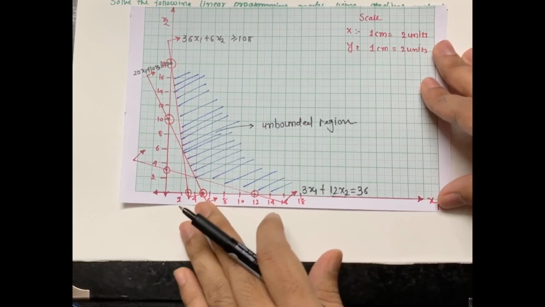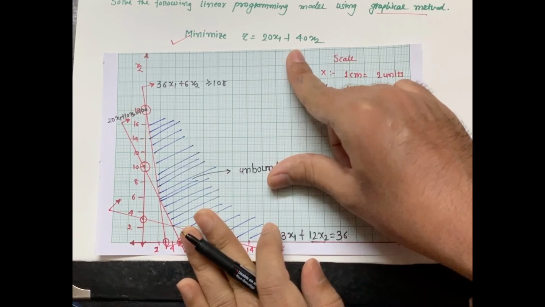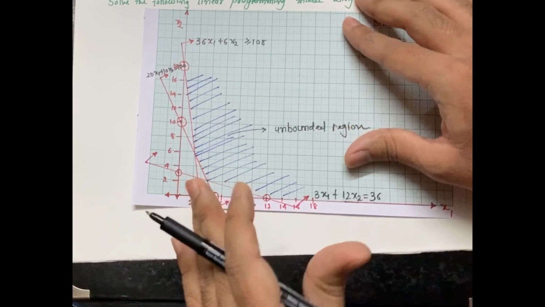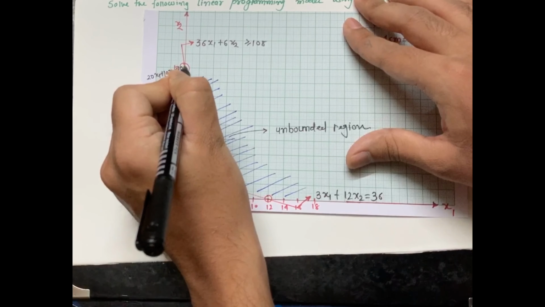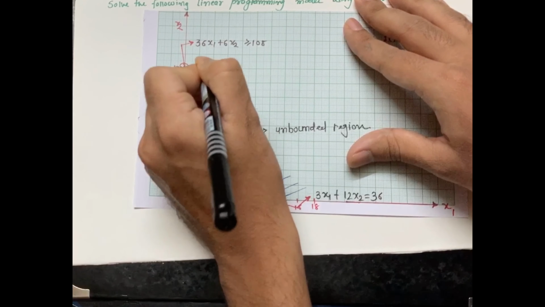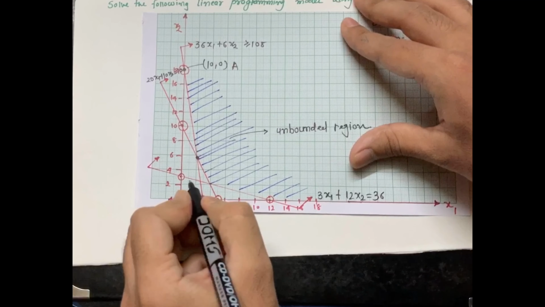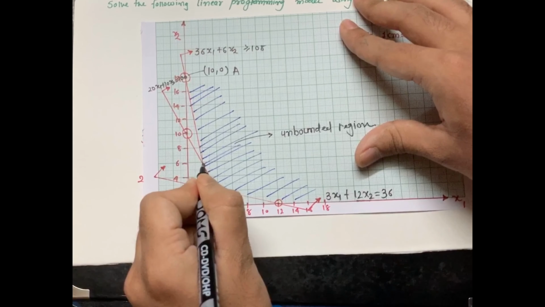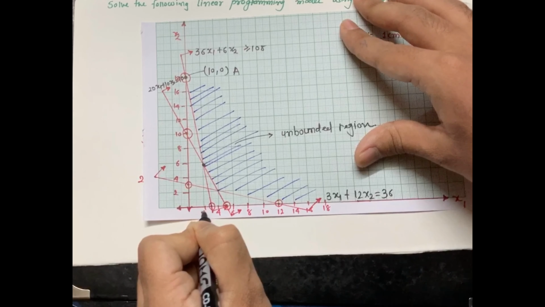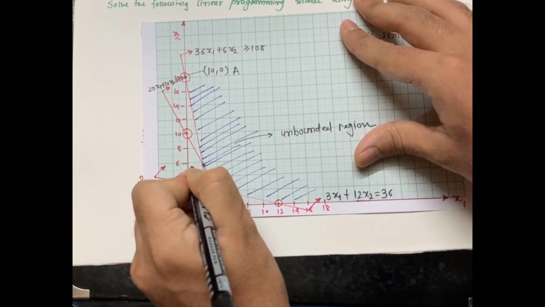Okay. So what is the function? The function is of minimization type. And what are the points I am getting here? See, this is one point, the 10, 0 point. I am getting another point here. The value of this point is approximately 2 and 5.8.